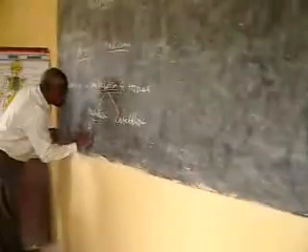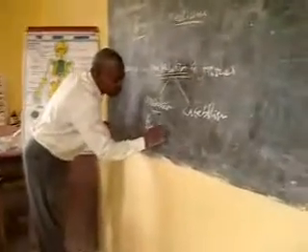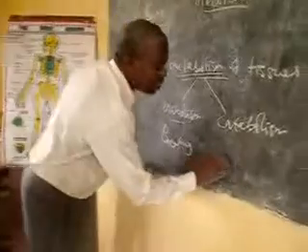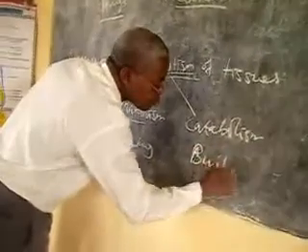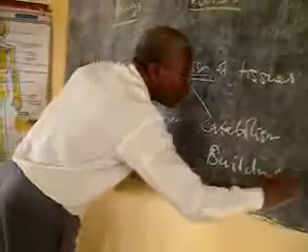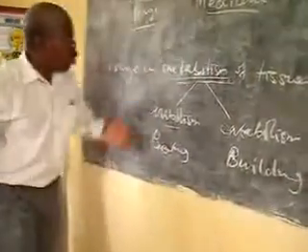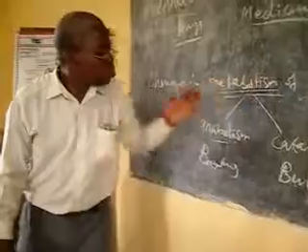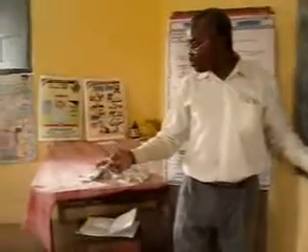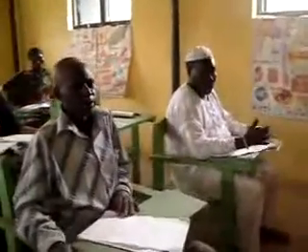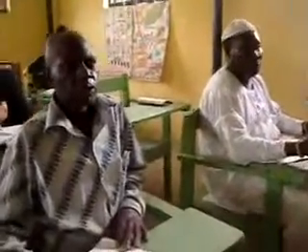What is catabolism? Breaking down. And anabolism is building or building up. So what do tissues break down? Glucose? Yes. They break down glucose, carbohydrate, even protein, fat.